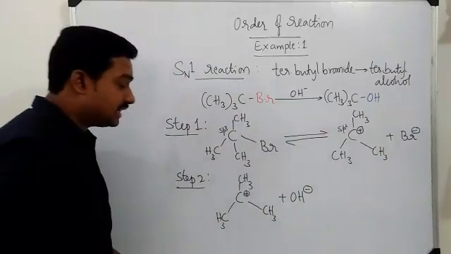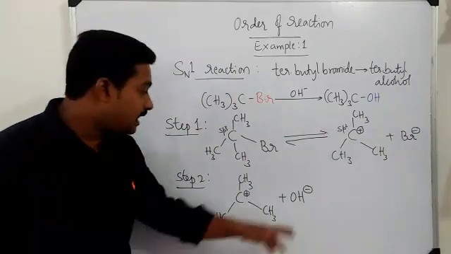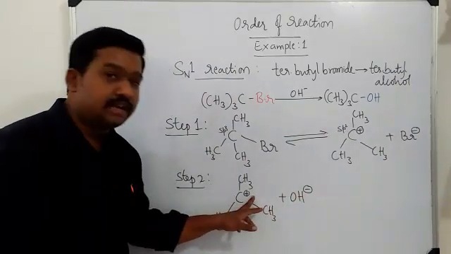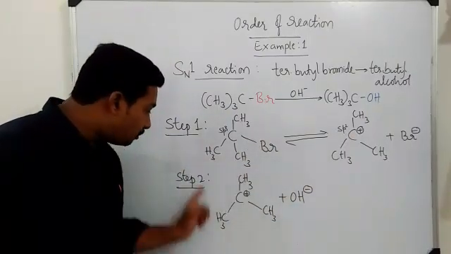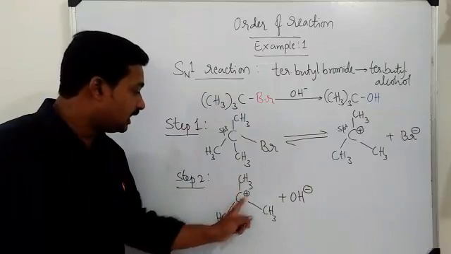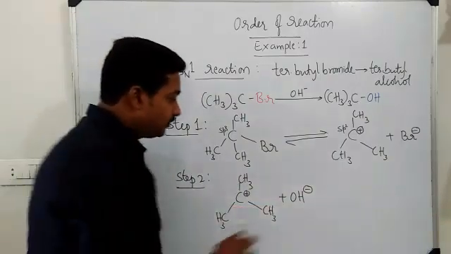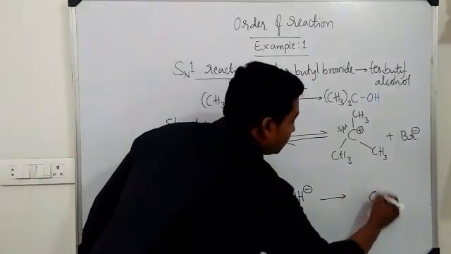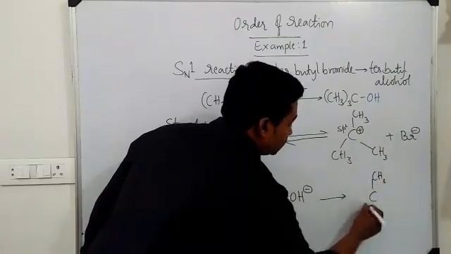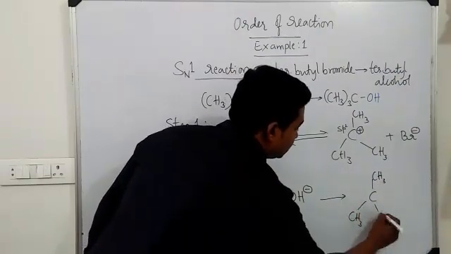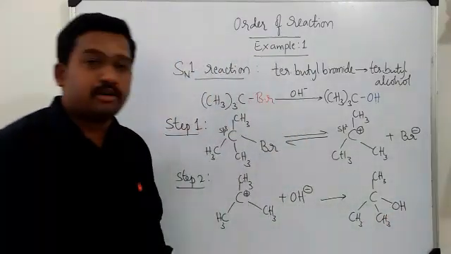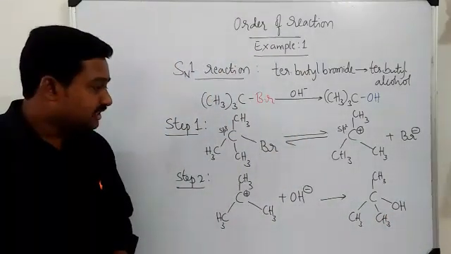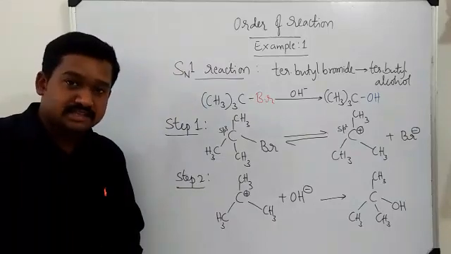Now OH minus has 2 options. It may attack the carbon from the same side from which the bromide has left the molecule, or from the opposite side to the leaving group bromide. So it will form tertiary butyl alcohol. It is represented like this, which will once again have the shape of tetrahedron.